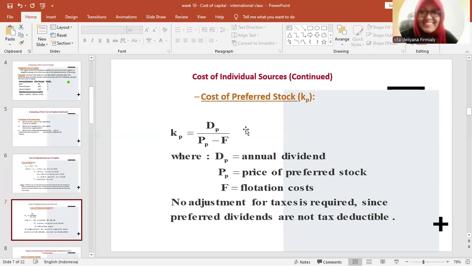Now, how can we calculate it? Just put it into this formula: the annual dividend divided by the price of the preferred stock minus the flotation cost. No adjustment for taxes is required, since preferred dividends are not tax deductible. Remember that one.